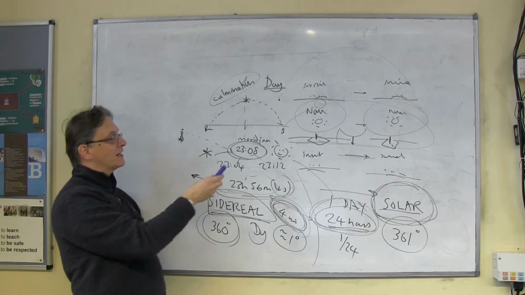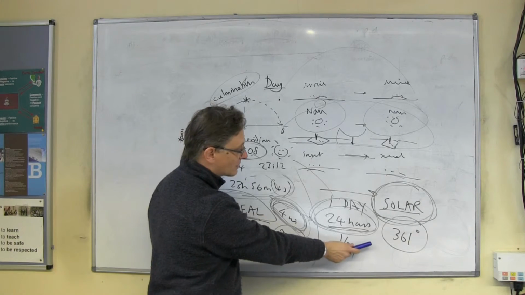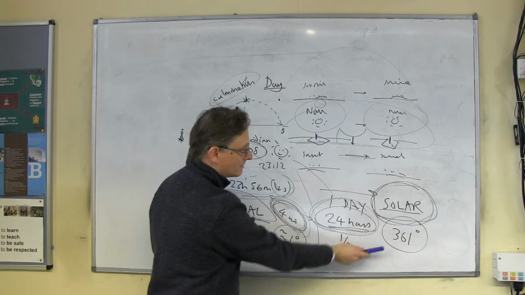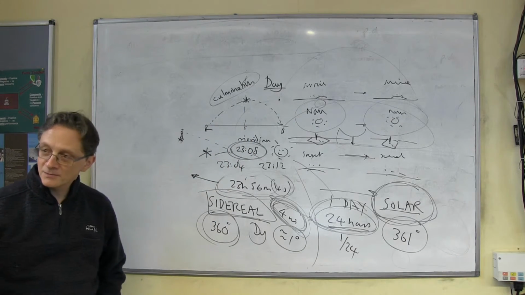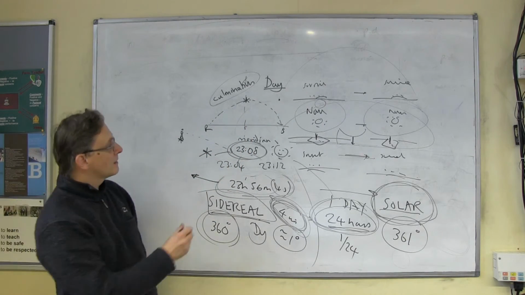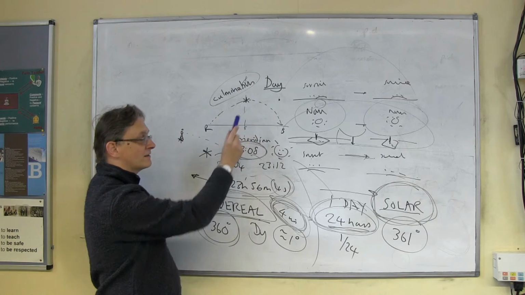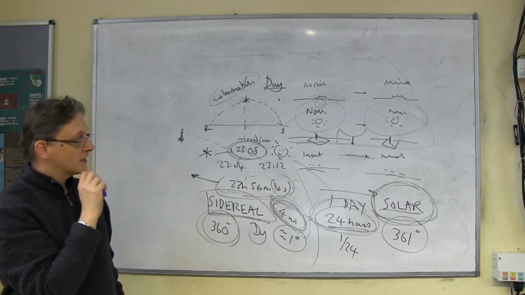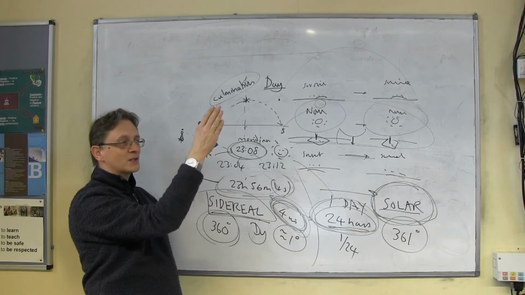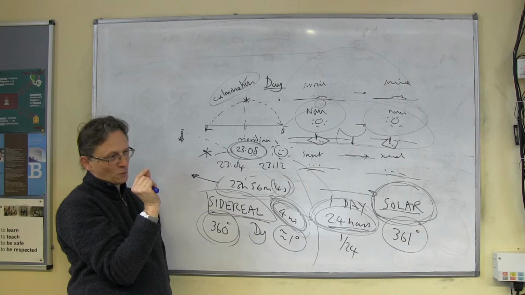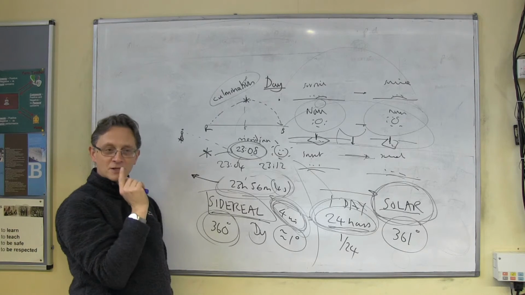How many degrees does the Earth need to turn to get the sun back in the same place? 361, because of the movement around the orbit. But how much has the Earth got to turn to get a star back? Pick your favourite star, does it move as the Earth moves around its orbit by 1 degree? Does that affect the direction of the star?